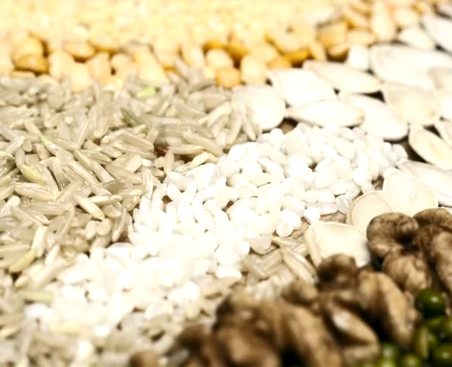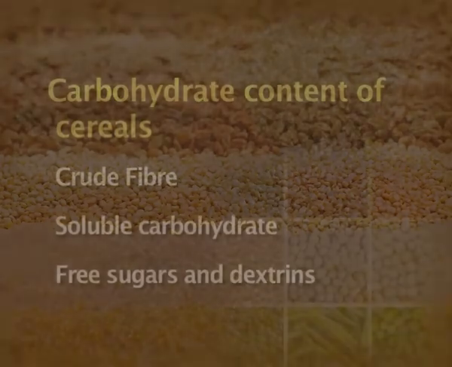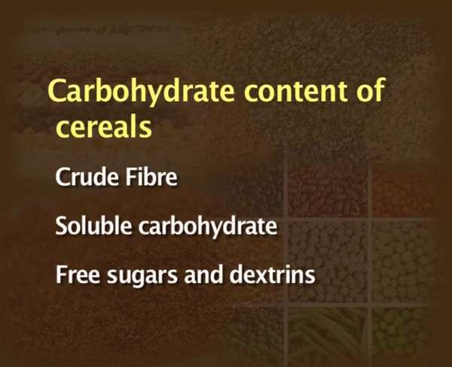Now, cereals are mainly made up of 80% of carbohydrate, and this carbohydrate is divided into two components. One is the crude fiber and the other is soluble carbohydrate. Now, the soluble carbohydrate component is mostly made up of starch.